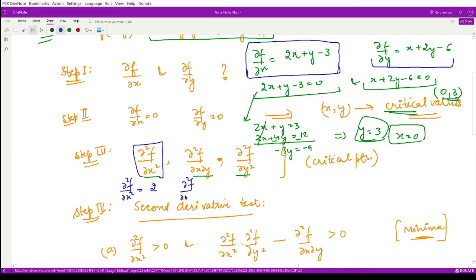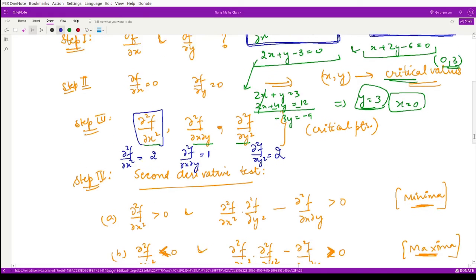Del 2f upon del x del y you could calculate by differentiating either with respect to y or with respect to x. The results are the same because the functions here are continuous. When you differentiate with respect to y, you will obtain 1. And del 2f upon del y2 is obtained when you differentiate this quantity with respect to y, so this would again be equal to 2.